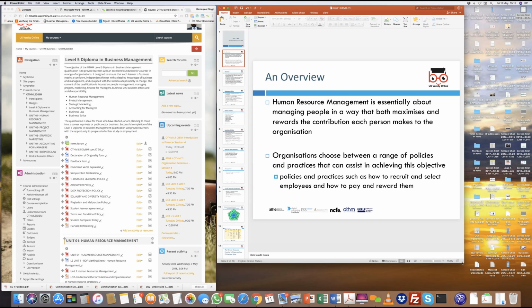And that is where the overview of human resource management essentially comes into the essence. The core function of this type of resource is that it looks at managing people in a way that maximizes their productivity and contribution towards the organization.